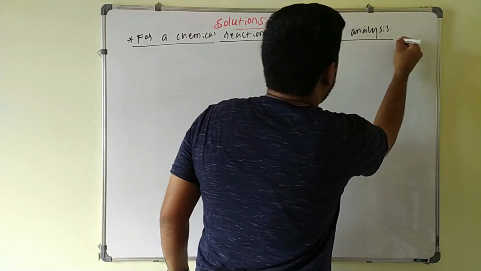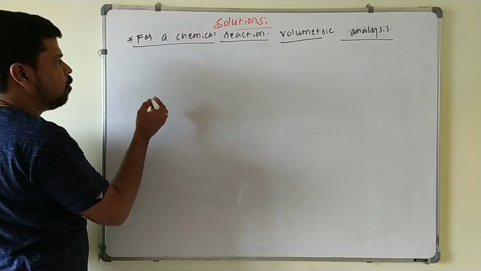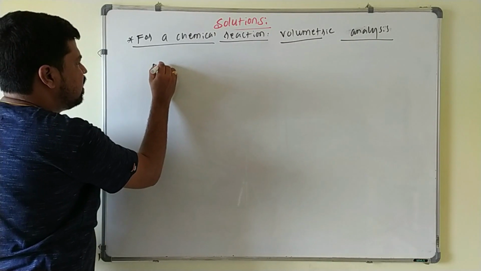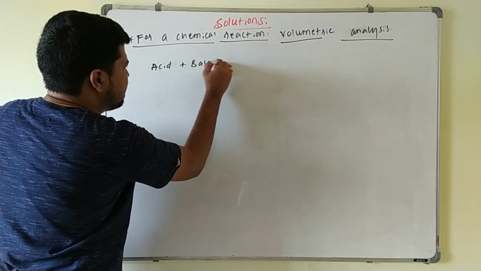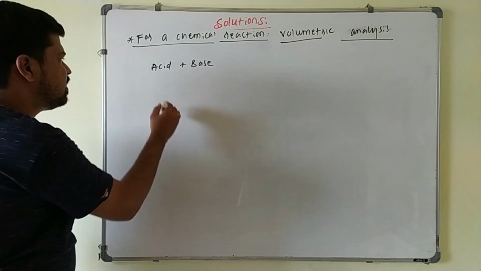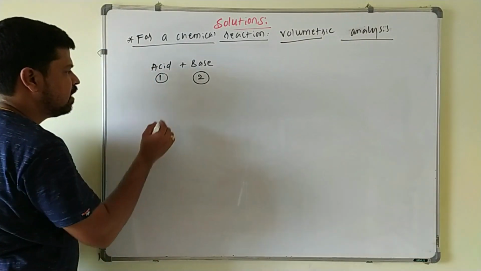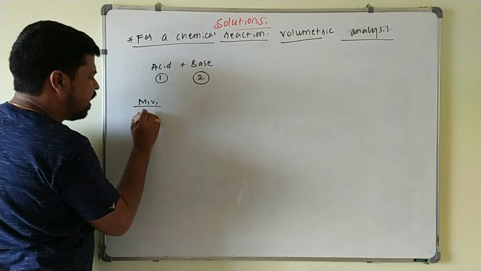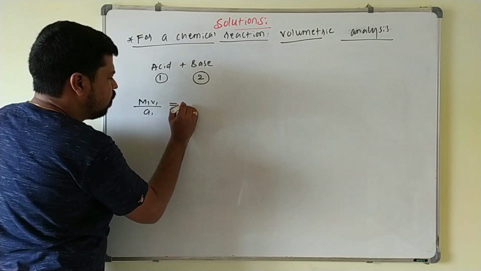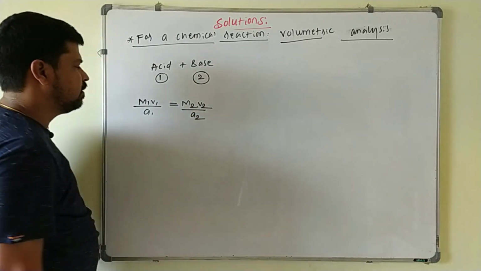In this one, we can write the formula. Suppose I take acid plus base, if it is an acid-base titration, acid I will call 1 and the base I will take as 2 here. In this case, M1 V1 by A1 is equal to M2 V2 by A2 here.